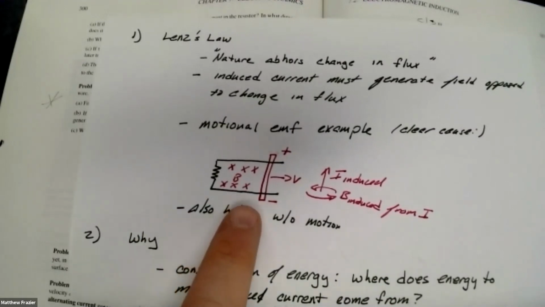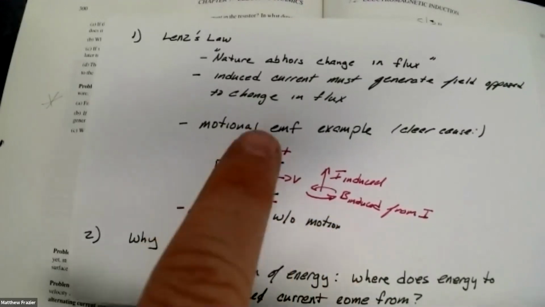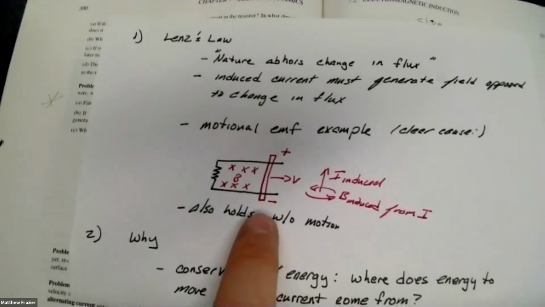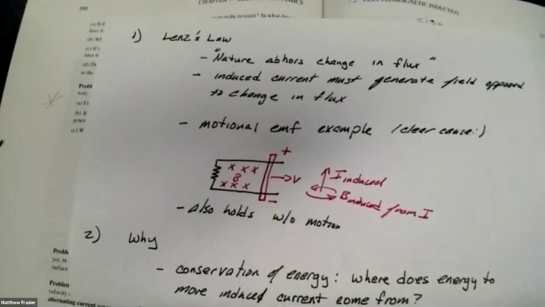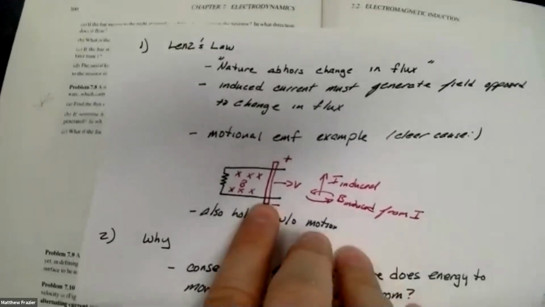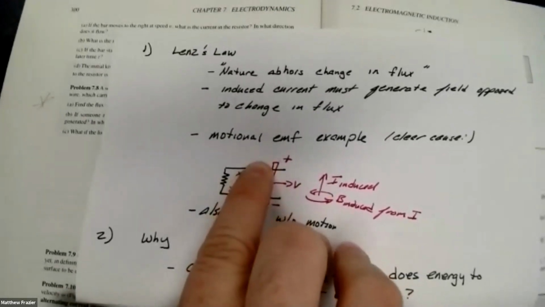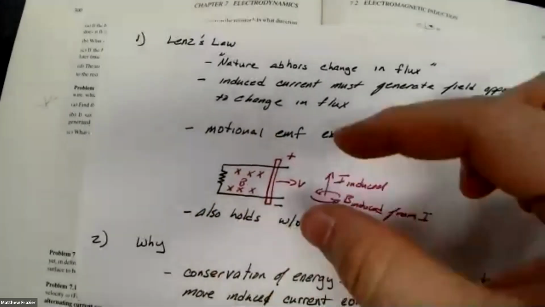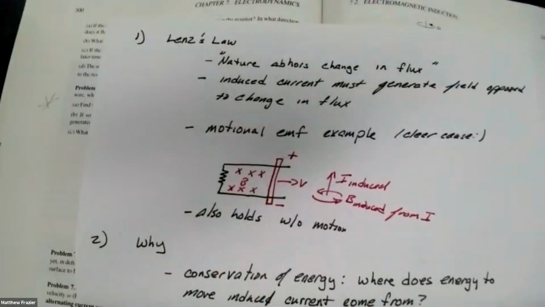The idea is that as this bar swept to the right, the area of this loop increased, which means the flux increased. So current was pushed from the Lorentz force, from F is QVB. It was pushed from the bottom of the bar up. So you have positive charges on the top and negative charges on the bottom. And so across that, you had the motional EMF.